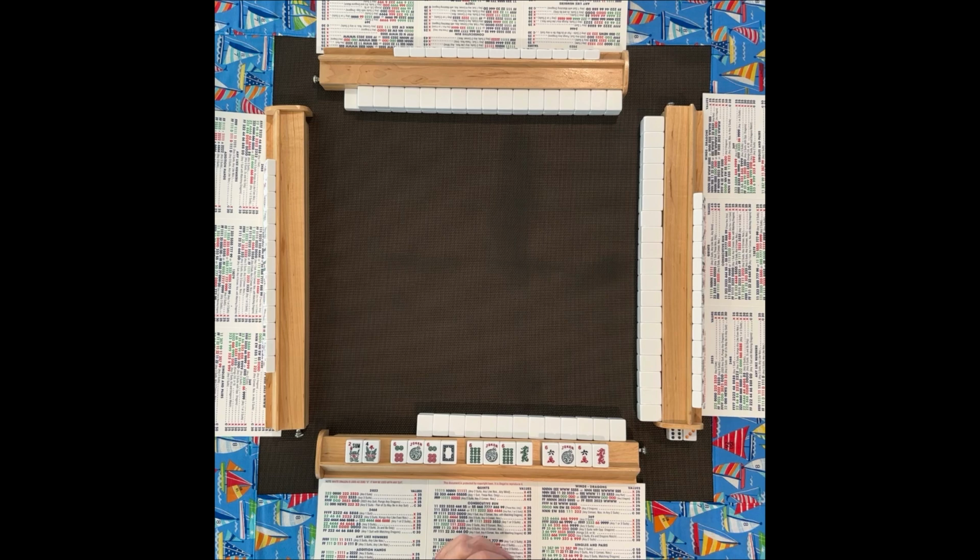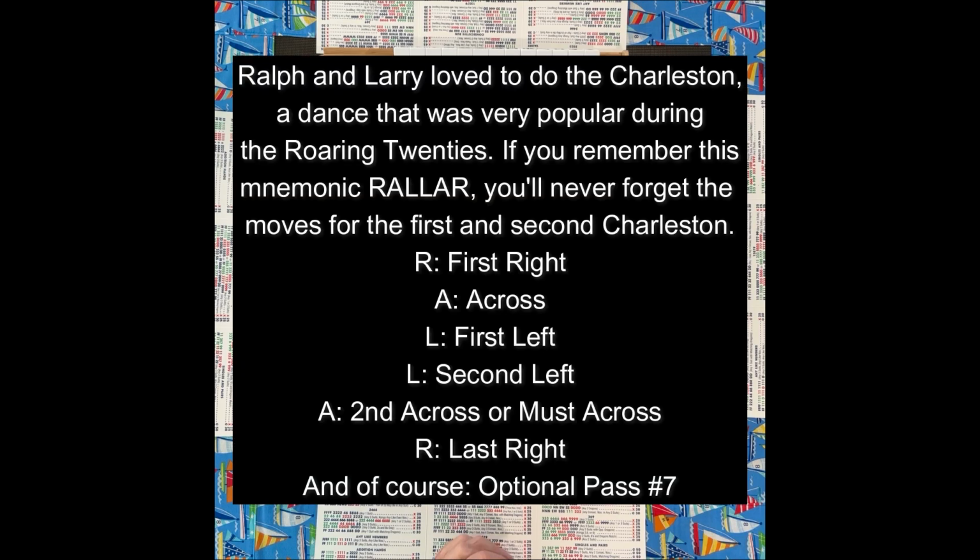And it just so happens that brother Larry's first 3 initials, L-A-R, represent the second Charleston, second left, across, and last right. And then, of course, we're left with the optional across pass. This will be an easy way for you to remember the Charleston moves. Think about the story of Ralph and Larry, and you'll have no problems remembering R-A-L and L-A-R.